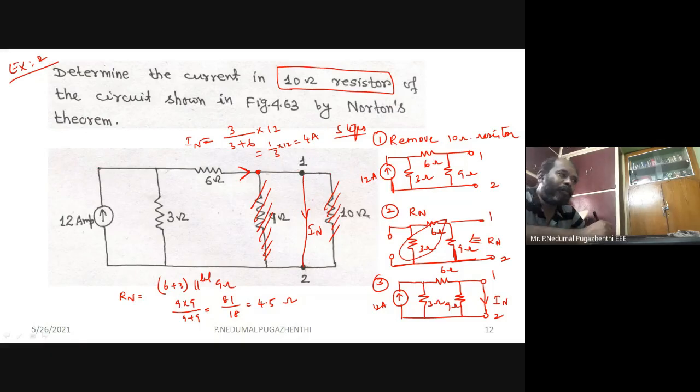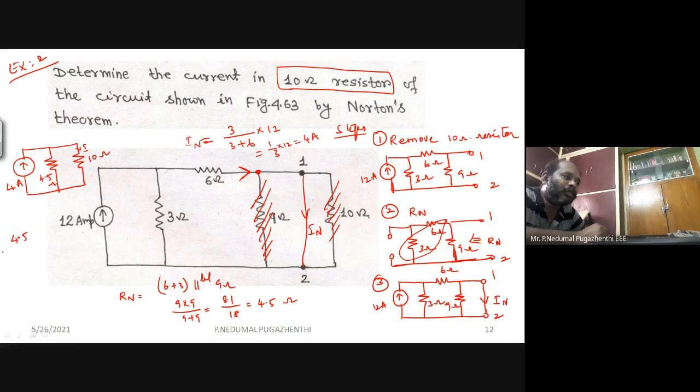கரெக்டா? அப்போ என்னுடைய ஈக்குவலன்ட் சர்க்யூட் என்ன? I will have a current source parallel with the resistor, and that resistor will be parallel with the 10 ohm resistor. அப்போ இதோட வேல்யூ 4, இதோட வேல்யூ வந்து எவ்வளவுப்பா? 4.5. இது வந்து 10 ஓம் ரெசிஸ்டர். இப்போ அவங்க கேட்டிருக்கிறது என்ன? 10 ஓம்ல போகக்கூடிய கரண்ட் I என்ன? மறுபடியும் கரண்ட் டிவிஷன் ரூல் என்னது?